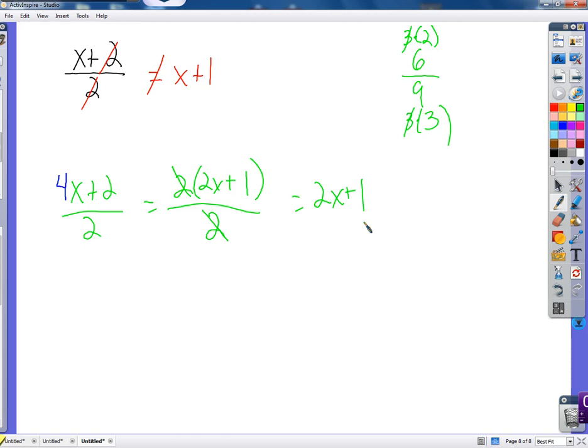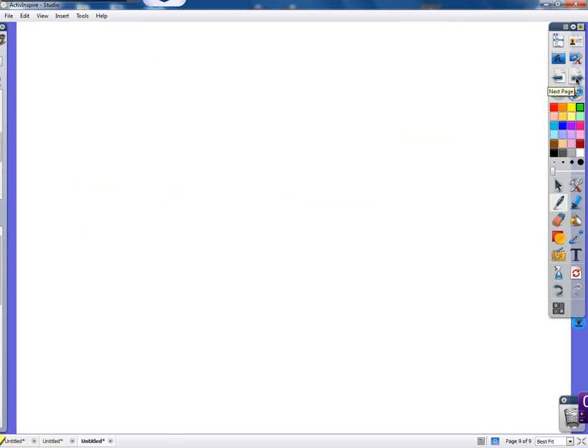Okay, so that said, let's do number 37. Simplify it if you can, cross out common factors if possible, and if not, you just leave them.